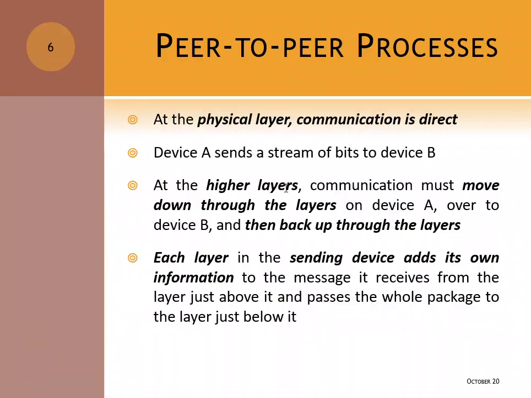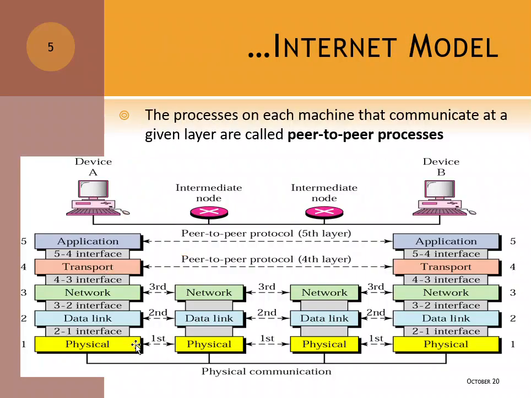At the higher layers, communication must move down through the layers on device A over to device B and then back up through the layers. Maksudnya hanya communication di peringkat physical layer sahaja yang direct. Network layer dengan network layer device A dan network layer intermediate node, the communication is not direct because dia perlu turun daripada network layer di device A ke data link layer, physical layer.